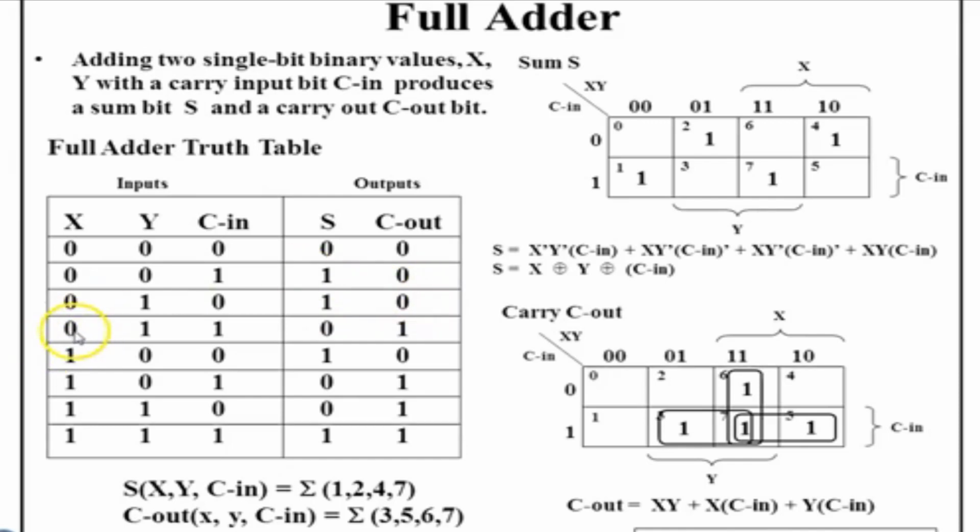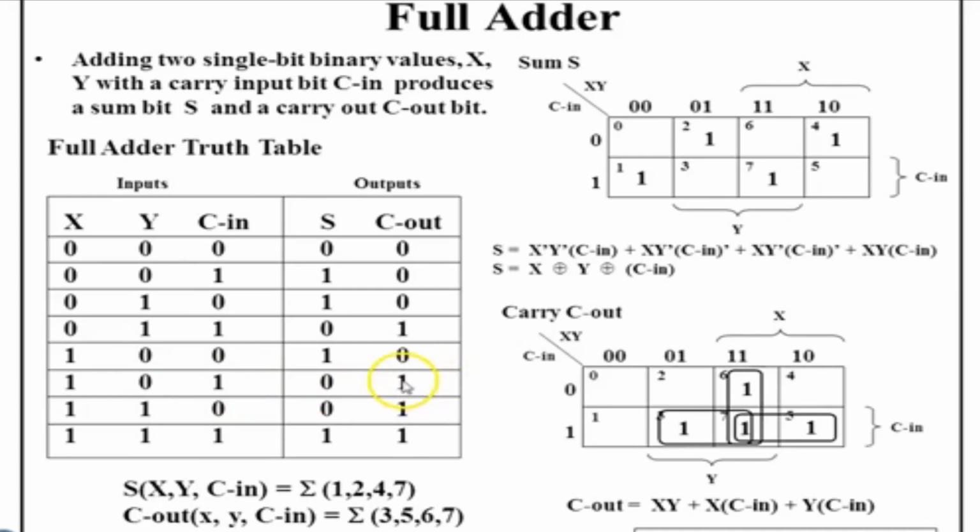Now, we have to add these 3 bits, 0 plus 1 plus 1, which gives out the sum 0 and a carry out as 1. So this is more similar to the last row of a half adder. Then, we have 1, 0, 0 added together to generate a sum 1 and C out as 0.